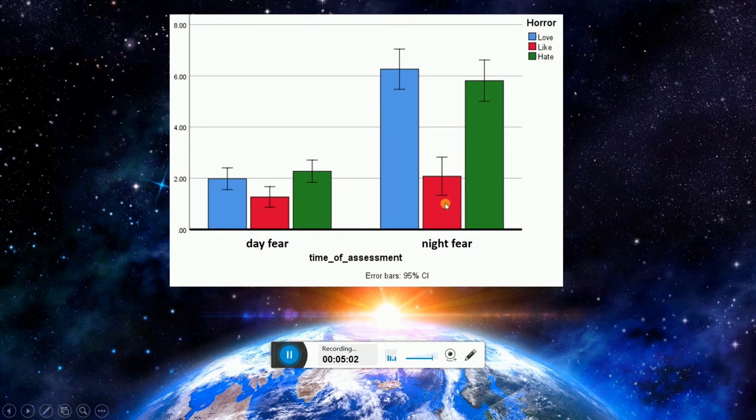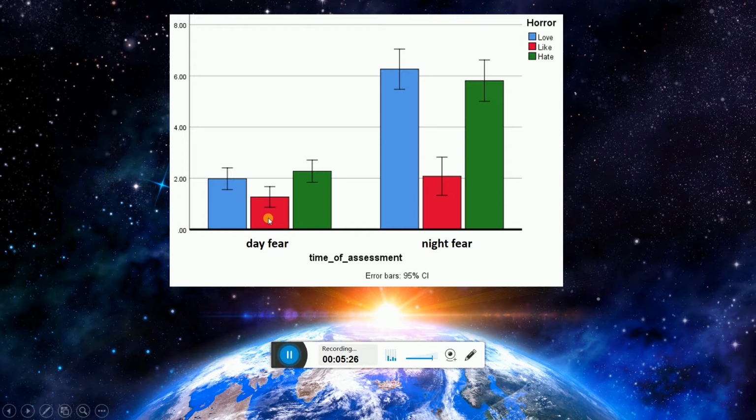Now, there's another way we could run post-hoc tests. Instead of doing that, we could compare, for example, just the love group and ask whether or not the love group changed from day to night. And then we could ask whether or not the fear scores changed for the like group. So those who like horror movies, did their fear scores change from day to night?